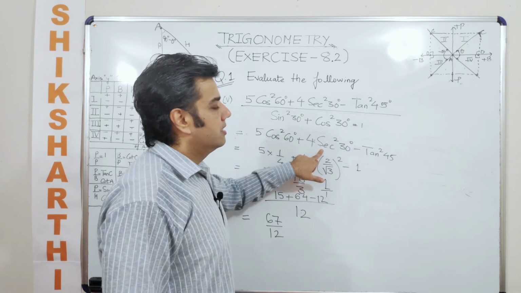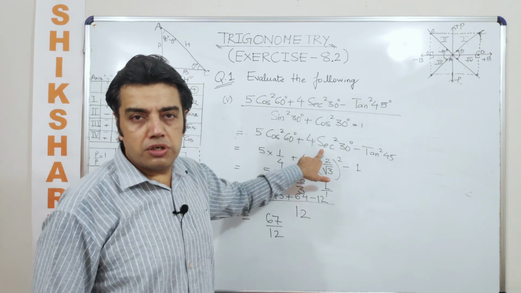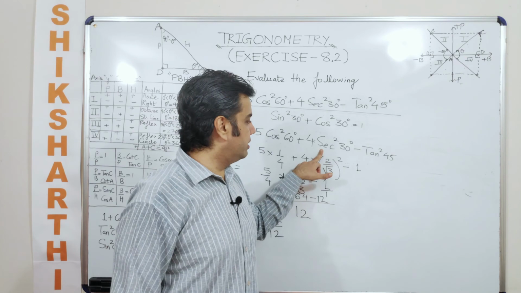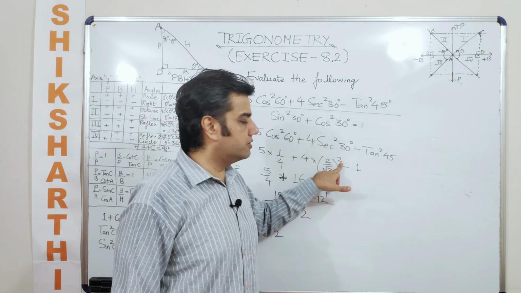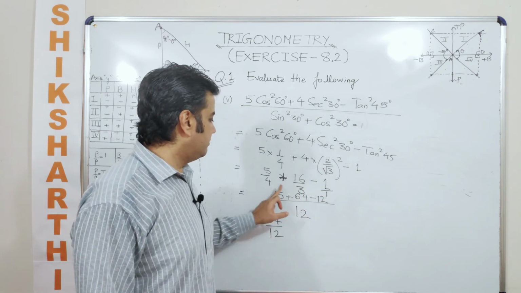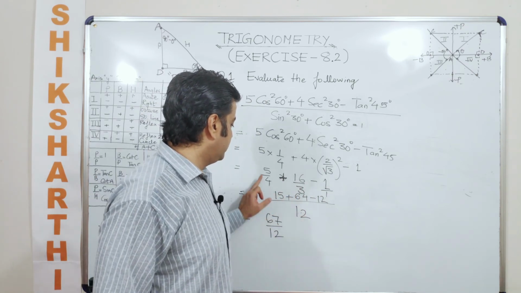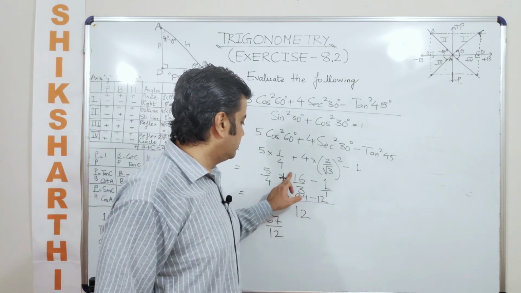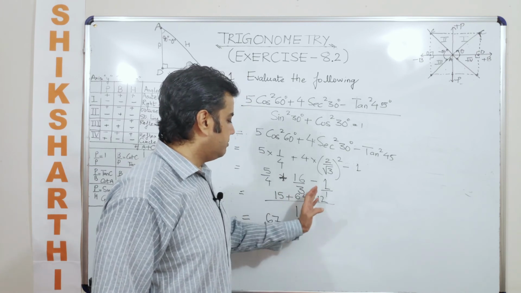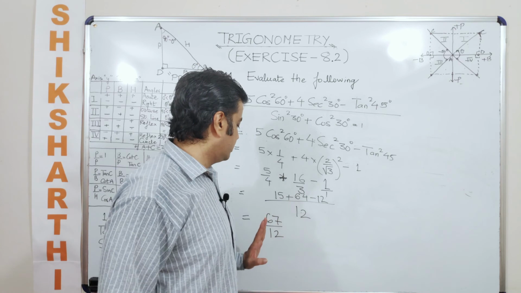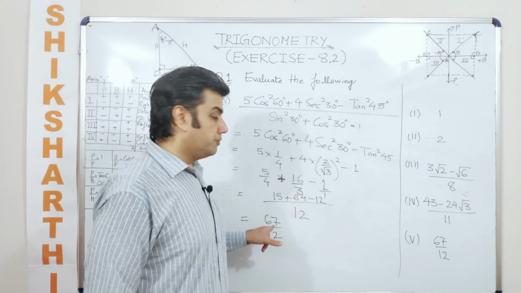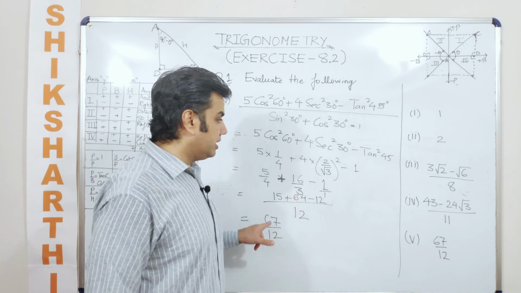Sec 30, if I know the value of cos 30, which is root 3 by 2, is just the reciprocal of that, 2 by root 3. Now 2 by root 3 whole square is 4 by 3, into 4 is 16 by 3, minus 1. Then we took the LCM. 4 into 3, 3 into 5 is 15, 3 into 4, 4 into 16 is 64, 1 into 12 and minus 12. So 15 minus 12 gives me 3, 3 plus 64 gives me 67 divided by 12. So the final answer comes out to be 67 by 12.